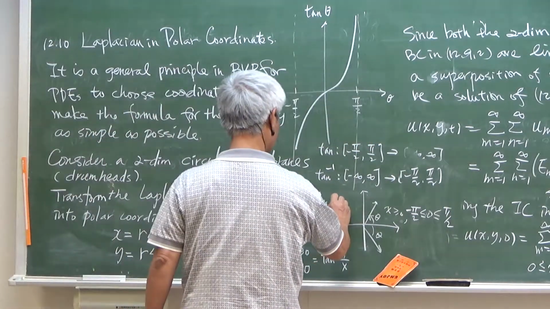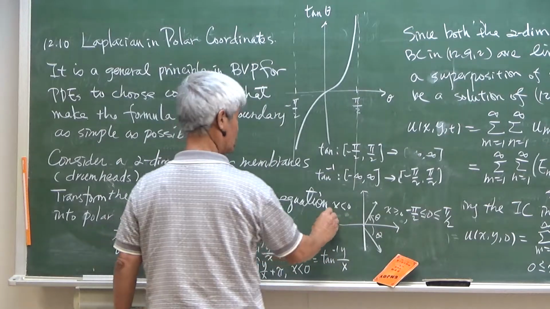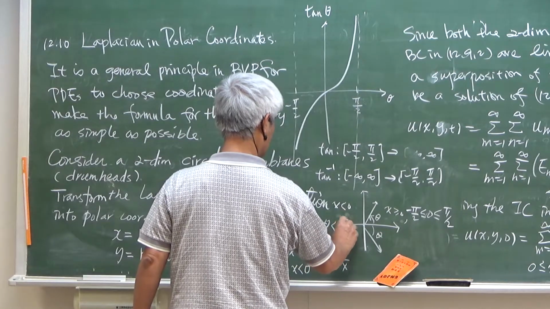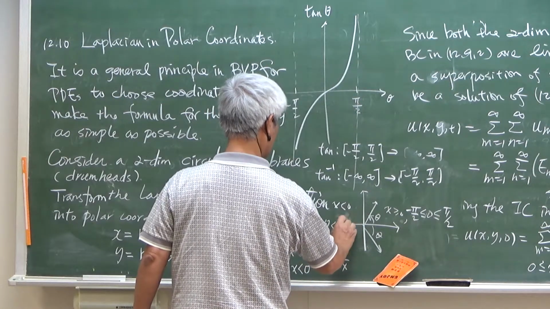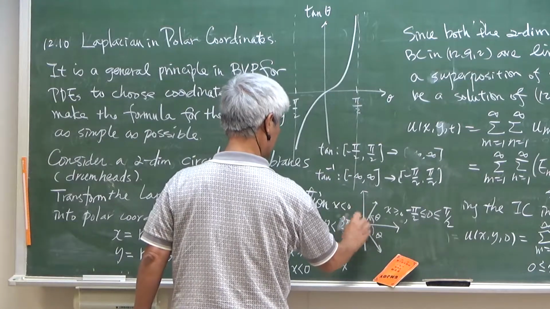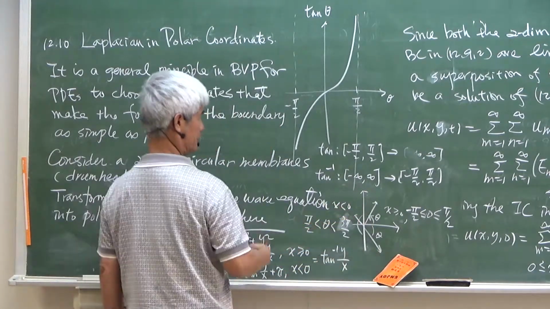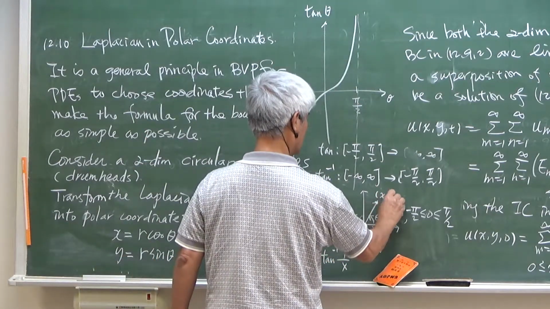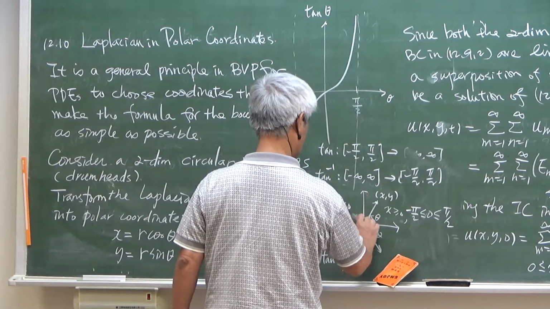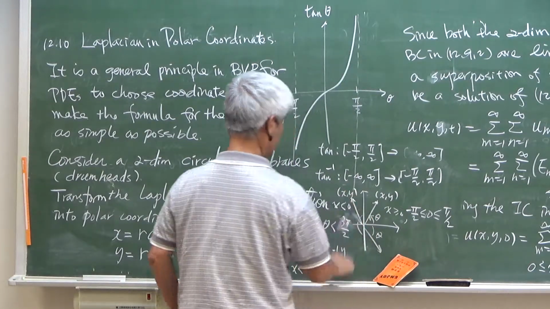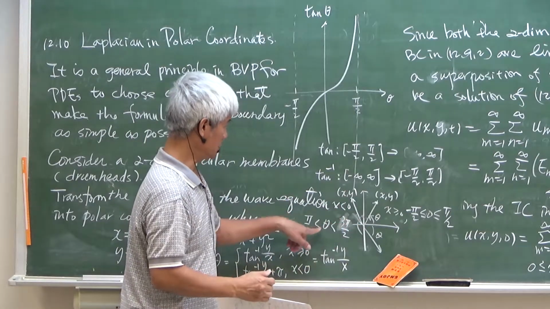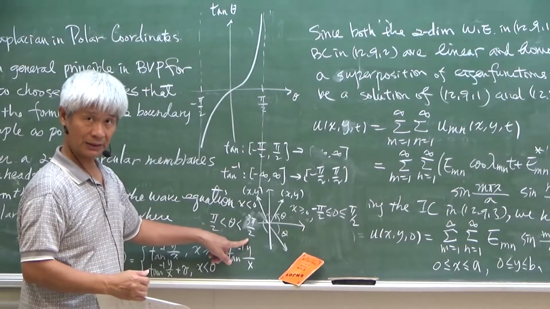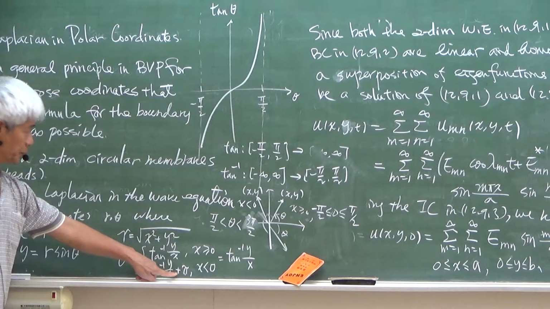But if x is negative, then the angle should be around here. So when x is negative, the angle will be bigger than 90 degrees but less than 270 degrees. That's why we put pi here.